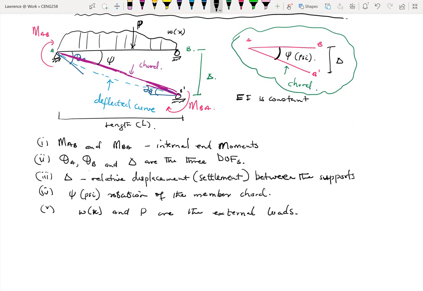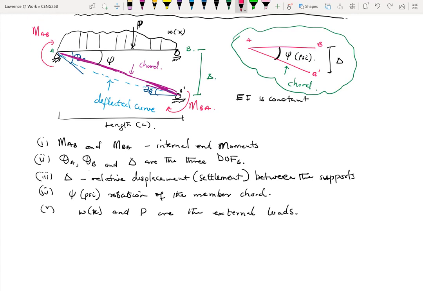MAB is the moment acting at A with respect to member AB. Now, MBA is the moment acting at joint B with respect to the member AB. So that's something we just need to have at the back of our mind, why we have MAB and MBA.